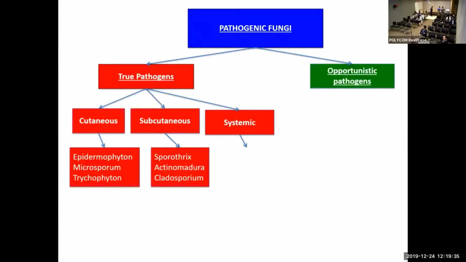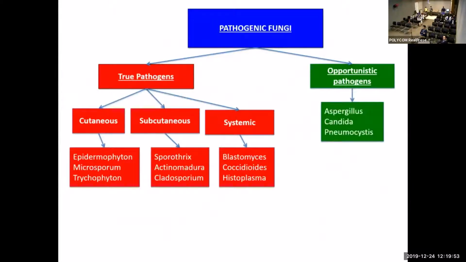Regarding systemic fungi, true pathogens that can cause systemic infections are all the endemic mycosis, so blastomycosis, coccidio, and histoplasma. Regarding the opportunistic pathogens, we usually see these more frequently in the hospital: your classical pulmonary aspergillosis, your thrush or Candida esophagitis, and the PCP.